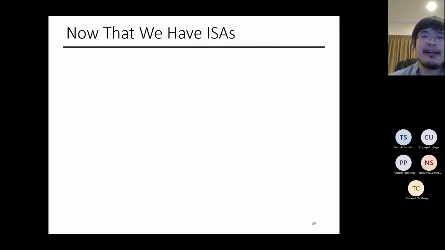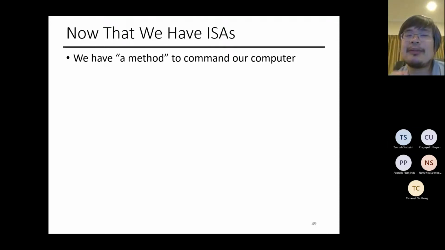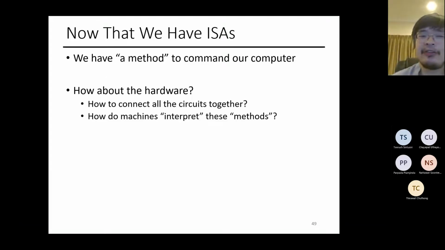So now that we have the ISA give you the method to command your computer, the hardware itself is the microarchitecture. Basically, it connects all the electronic circuits together, and it allows the machine to interpret this method from the ISA.